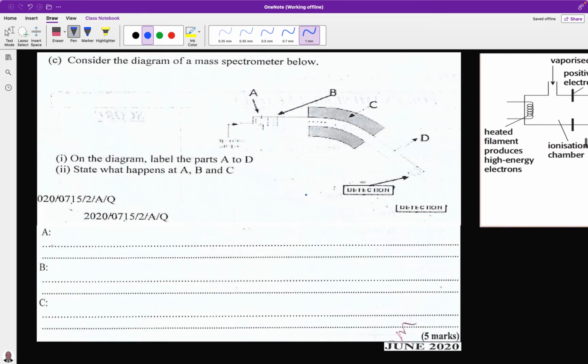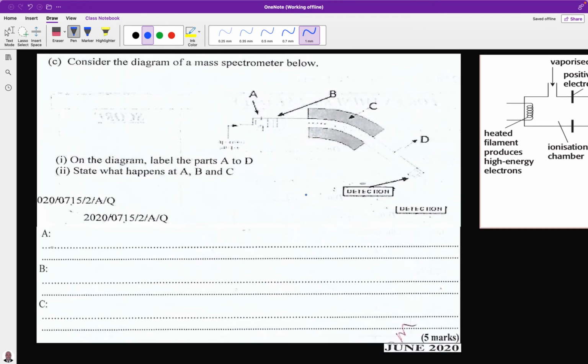Now let's go to the mass spectrometer. The mass spectrometer is a very important instrument. It is very important because it is used in analytical chemistry.